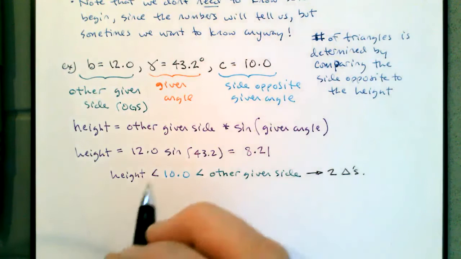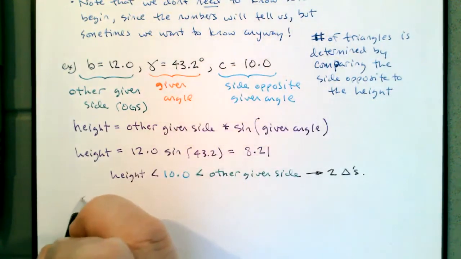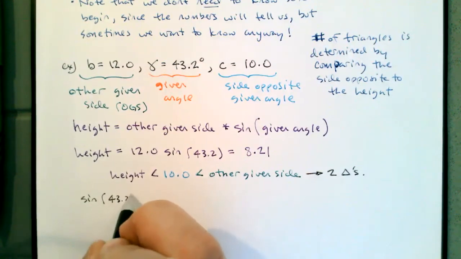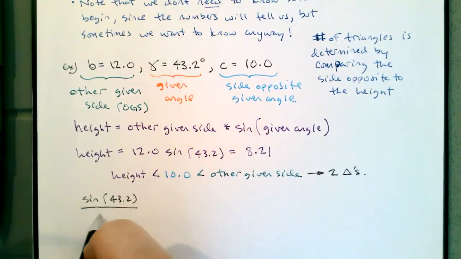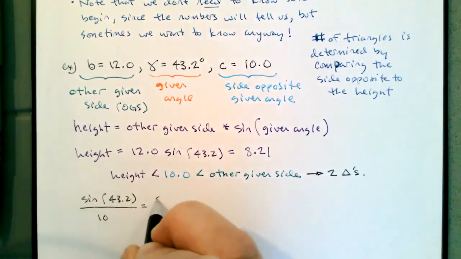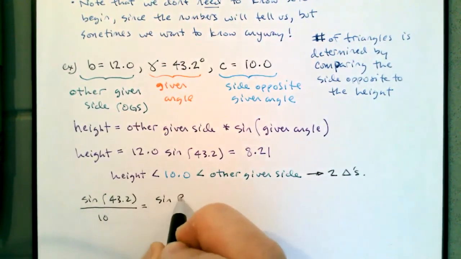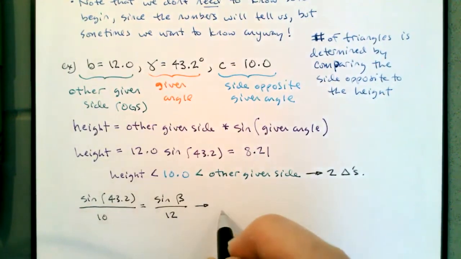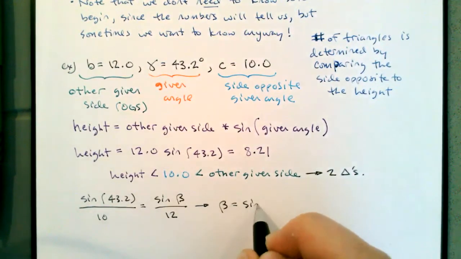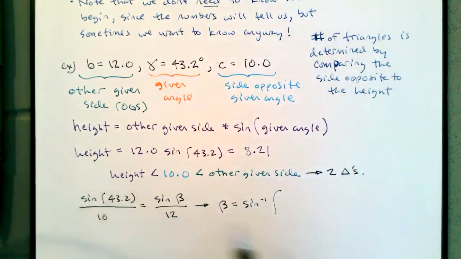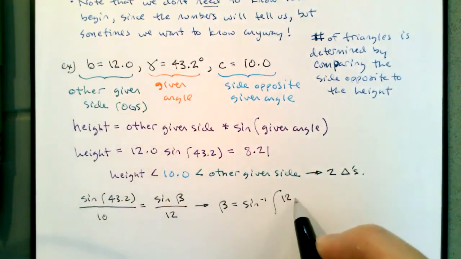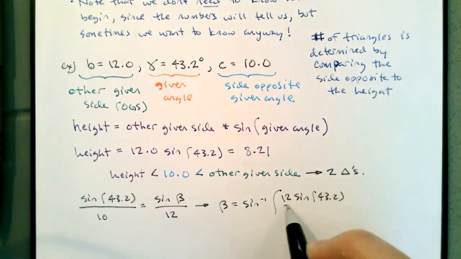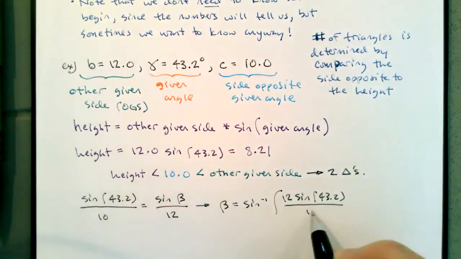So the next thing to do would be to set up the law of sines: sine of 43.2 divided by 10 is equal to the sine of beta, the first angle we're going for, divided by 12. So beta is going to be the sine inverse of 12 sine 43.2 divided by 10.